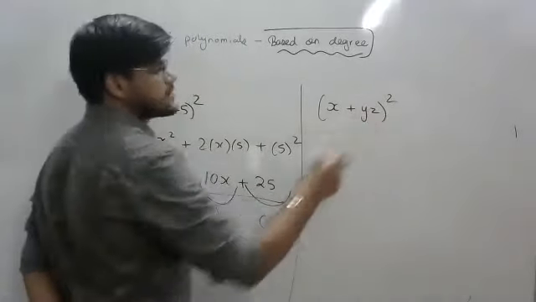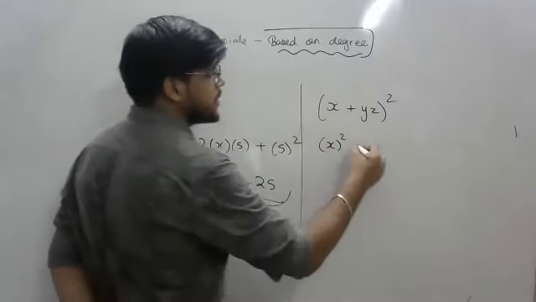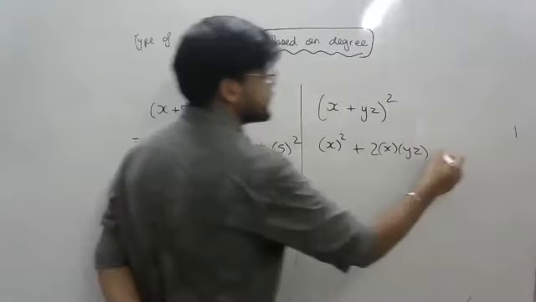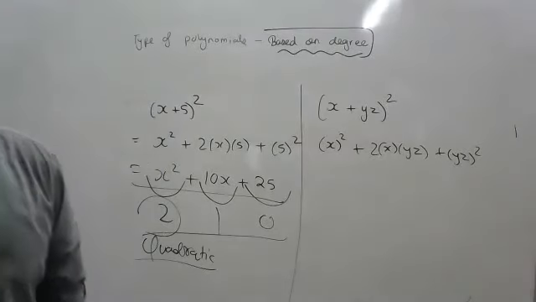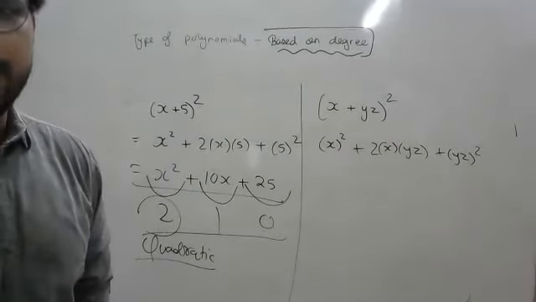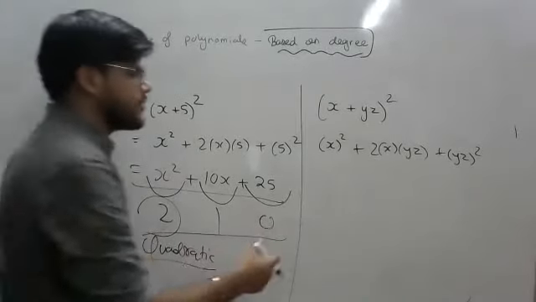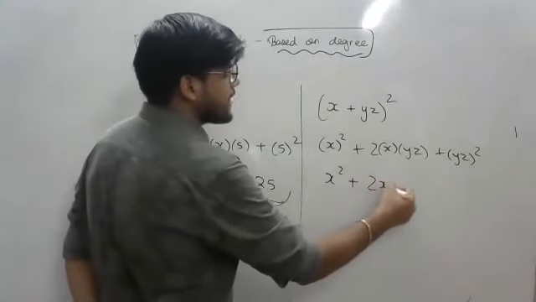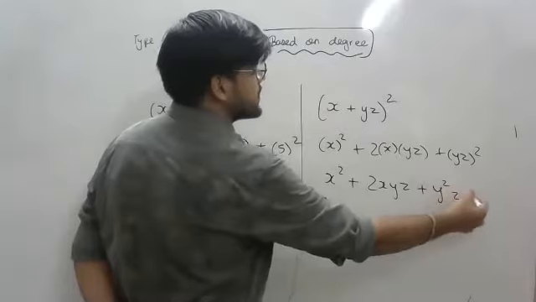X plus yz square. So we will be applying the identity. Square of the first term, 2 into x into y into z. That would be your second term, plus yz square. Those who are having a doubt, please listen carefully. You will understand. Pay attention. I am taking enough examples, an ample number of different types of examples here. X square plus 2xyz plus yz square would be y square z square.